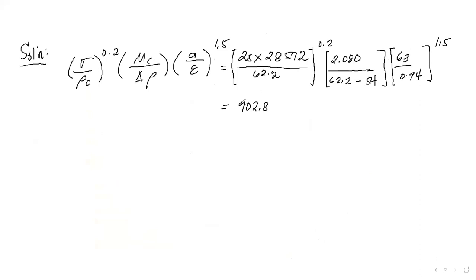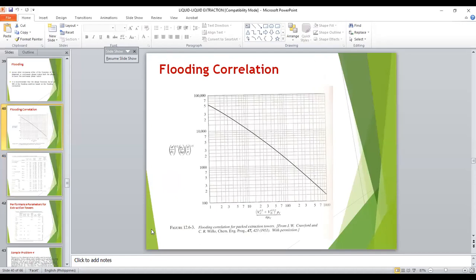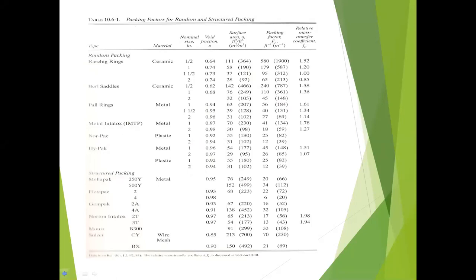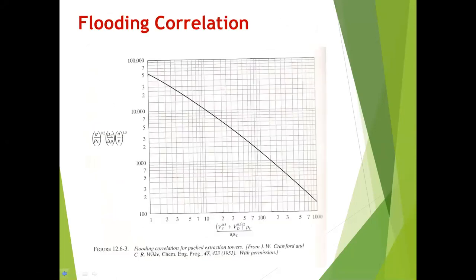Okay, this is the ordinate of our point. And if we're going to use this value in the correlation diagram or curve, you have to find the 902. So if this is 1,000 and this is 700, 800, 900, 902 is somewhere a little bit above this last line before 1,000.